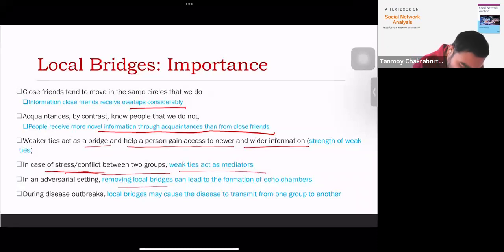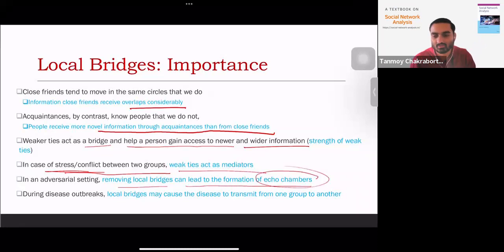Removing local bridges can lead to the formation of echo chambers. Now this is very important. What is an echo chamber? In social networks, an echo chamber is basically a community, a group of users who echo each other's opinion, right?